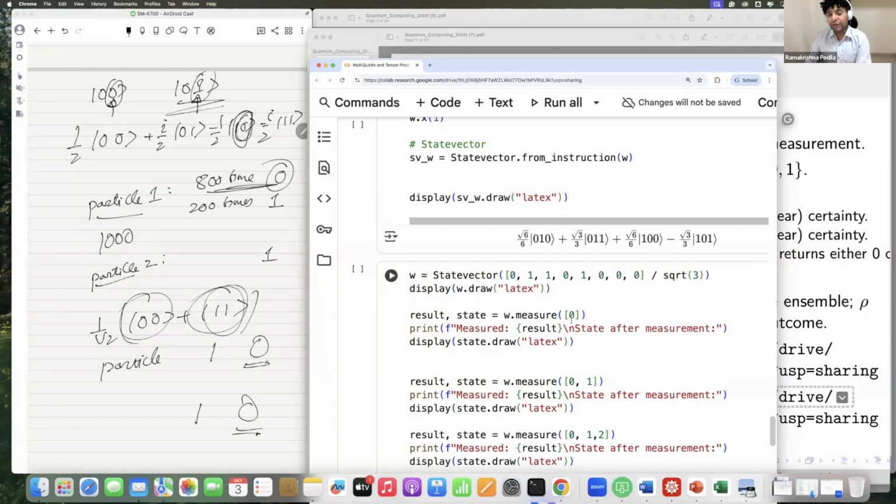Later on, we will try to access the IBM quantum computer, generate one state like this, run it on an actual quantum computer, and see whether we are able to see that. The biggest challenge is that we don't get enough time to run these experiments on the IBM quantum computer unless we purchase tokens.